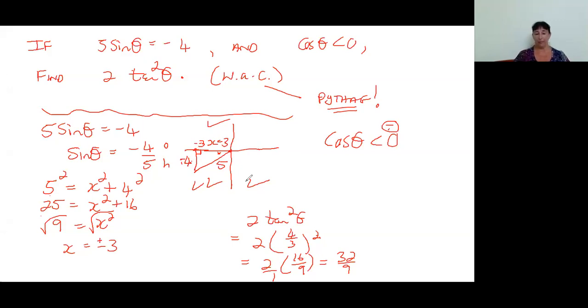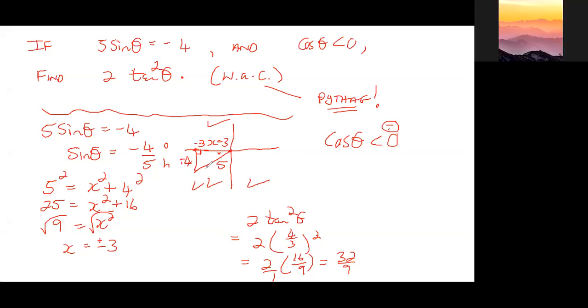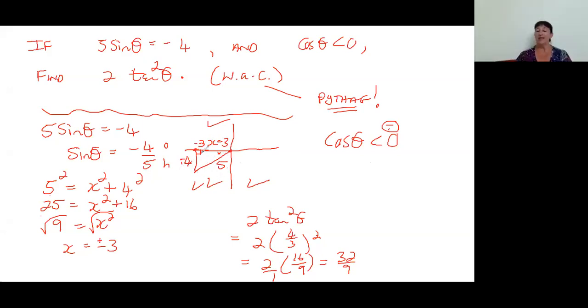Because you're working in the third quadrant, and tan in the third is positive anyway, so it really is irrelevant. You don't really need to look at the negatives and positives. You can look at it one way or the other, as long as you're happy with whichever way you would have done.